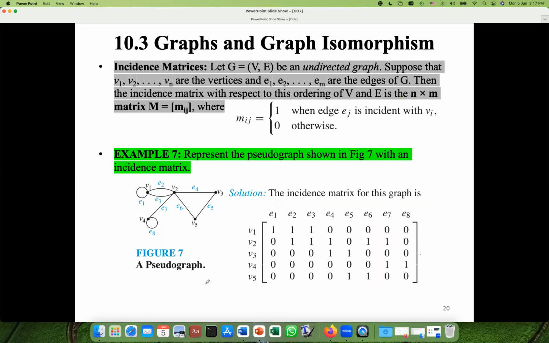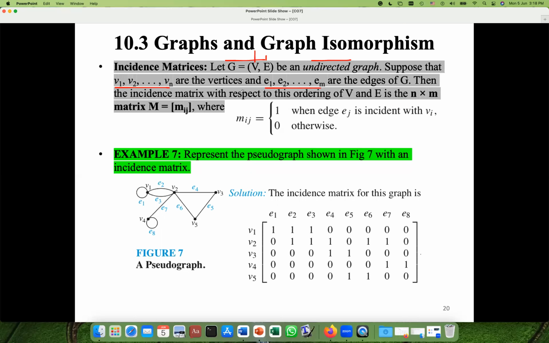Moving next, what is the incidence matrix? We have the graph with V and E. I'm not saying what this V and this E are, you know that. If it is an undirected graph, suppose that these are the vertices of that graph from V1 to Vn, and these are the edges of that graph from E1 to Em.